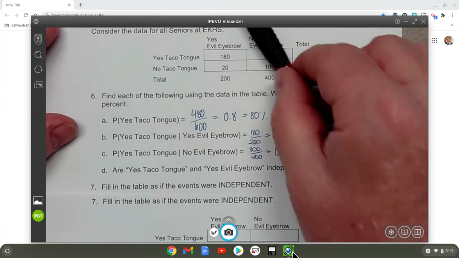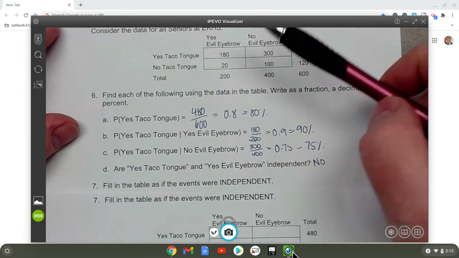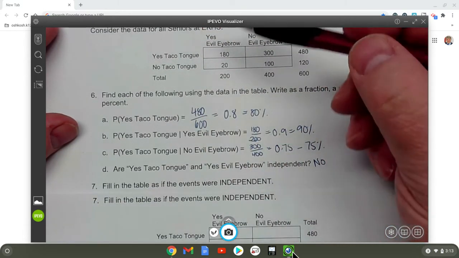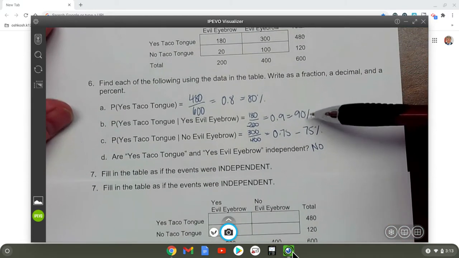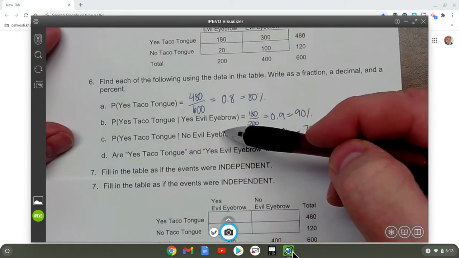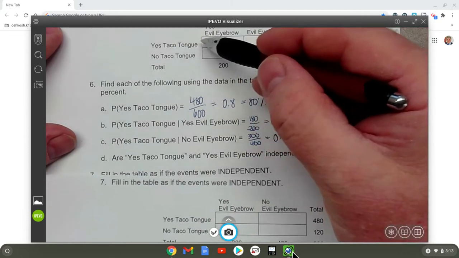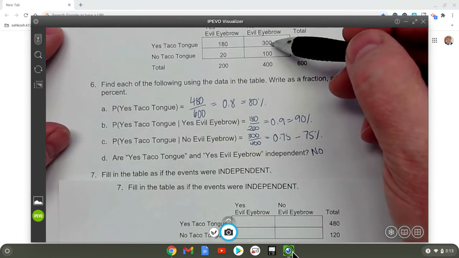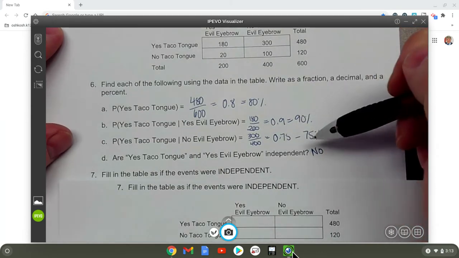We're going to ignore this column, cover that up. We're just going to be working with this column, yes for evil eyebrow, and the yes for taco tongue is 180 out of 200, so that's 90%. Part C, probability of yes for taco tongue given no for evil eyebrow. So yes for taco tongue, but no for evil eyebrow is 300, and that's out of 400, so that's 75%.